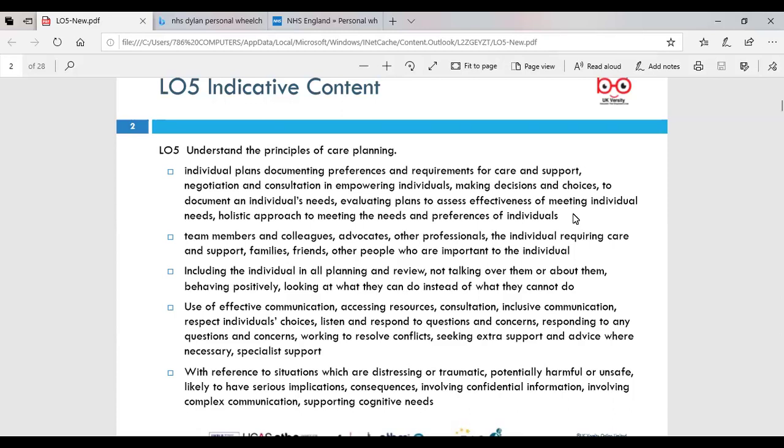You're behaving positively, ethically, looking at what they can do instead of what they cannot do, so we're talking more about positives instead of negatives, for everyone we're dealing with. Then we're using effective communication, accessing resources, and having consultations.